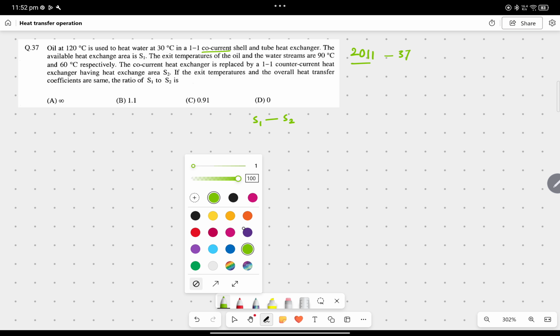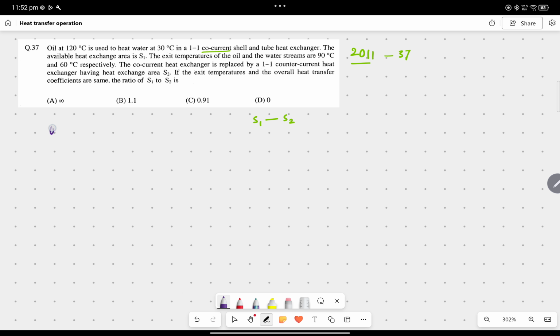Now what we have is oil, the first fluid, that is the hot fluid. Oil is the hot fluid, that is being cooled, right? So the temperature of the oil decreases from 120 degrees Celsius to 90 degrees Celsius, as the exit temperature of the oil stream is 90 degrees Celsius.